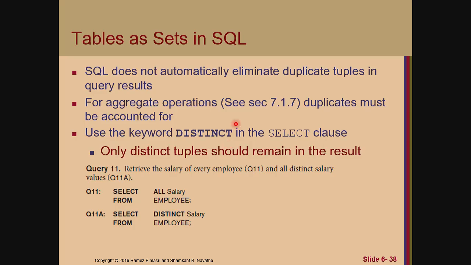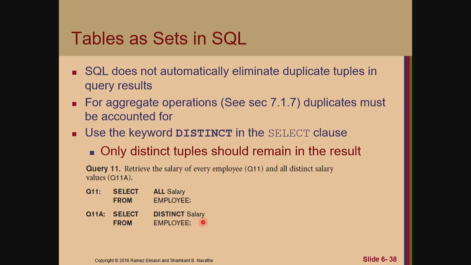Actually, the important one is distinct. We use distinct when we have duplicate data and we don't want to show all of it, we just want to show the unique values. Here, for example, select distinct salary from employee.